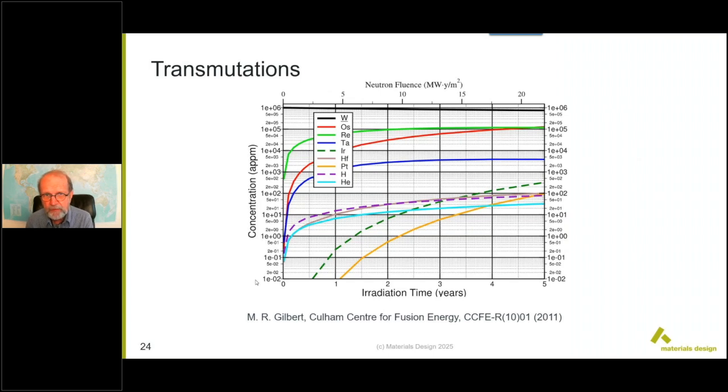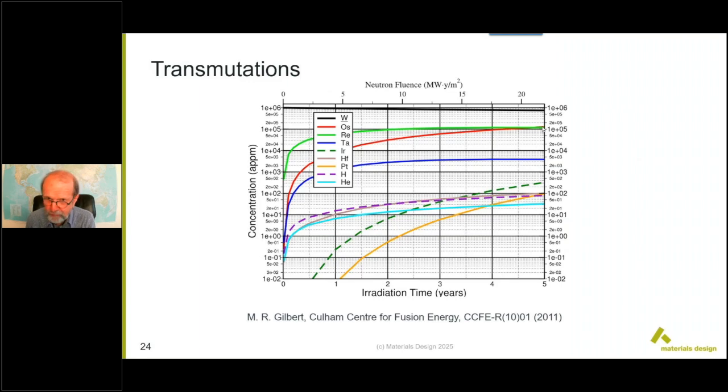In particular, at first, you're transmuting tungsten into osmium and rhenium. First rhenium, later osmium. And after, in this case, a scenario of 5 years, you're ending up with rhenium and osmium in the material.